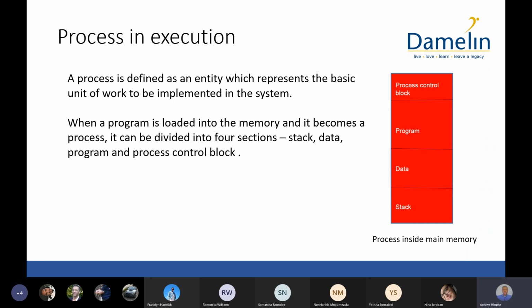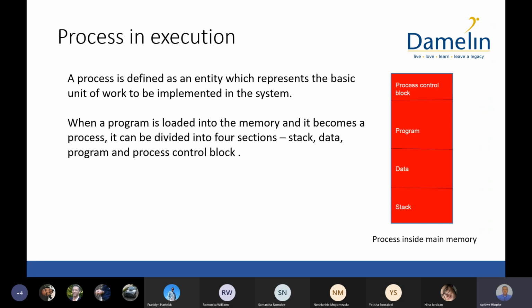And this component is very important because it contains critical information about the process itself. Whenever a program is opened up on a computer, it is assigned a process ID. It's a unique ID that is used to reference that particular process. So the process control block is the component of a process that contains information about, number 1, the process ID, and number 2, the process state.